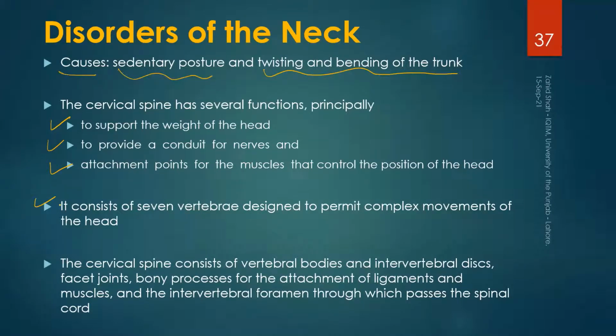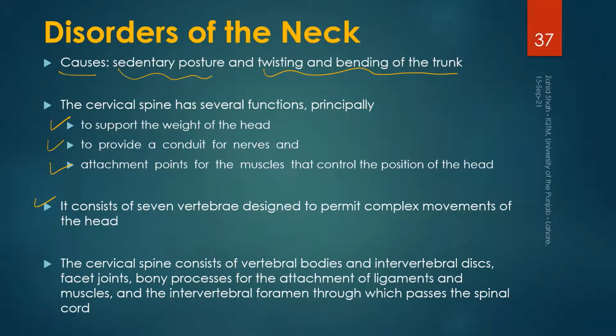We have also discussed that the cervical part of the backbone, the cervical spine, consists of 7 vertebrae designed to permit complex movements of the head. The cervical spine consists of vertebral bodies and intervertebral discs, facet joints, bony processes for the attachment of ligaments and muscles, and the intervertebral foramen through which passes the spinal cord.